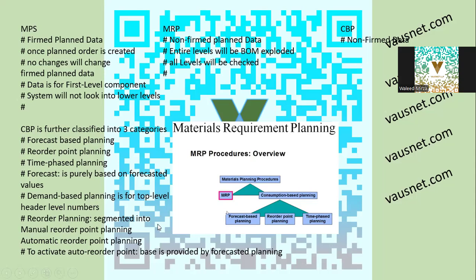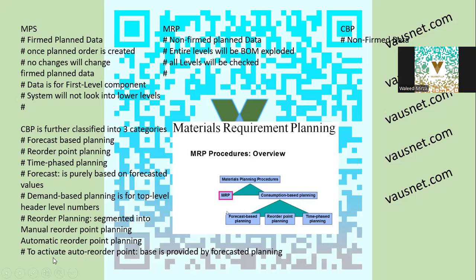Reorder planning is segmented into manual reorder point planning. Now, reorder means that a minimum of 5,000 finished good motorbikes should be at the warehouse, and if it falls to a reorder point like 2,000, then a planned order for 3,000 will be generated manually.